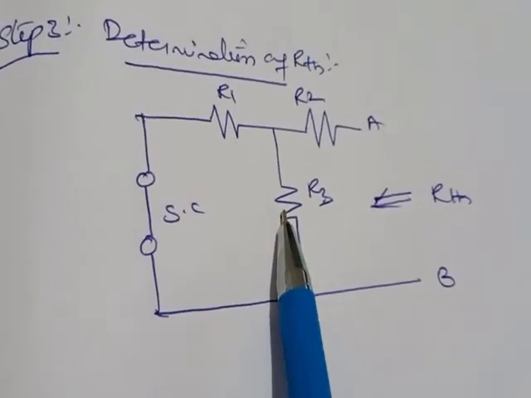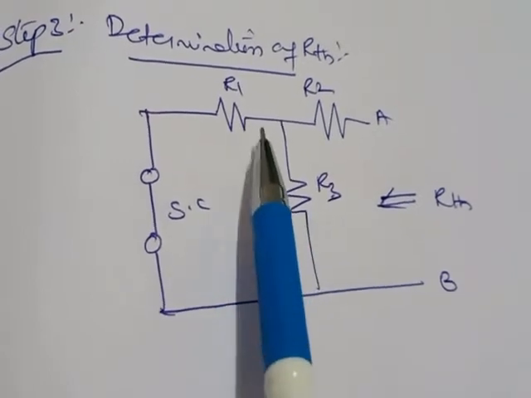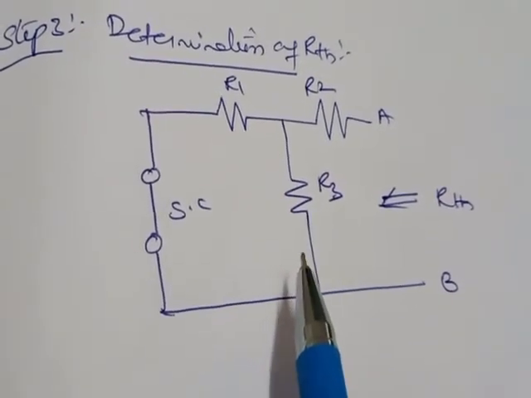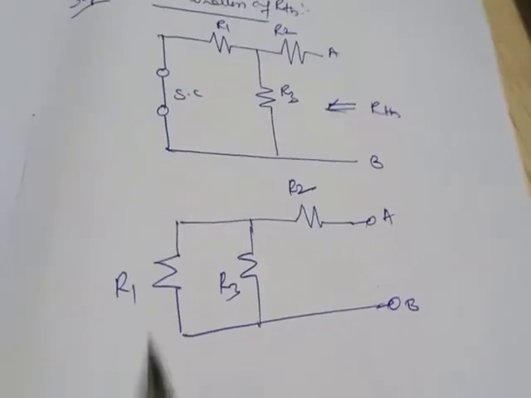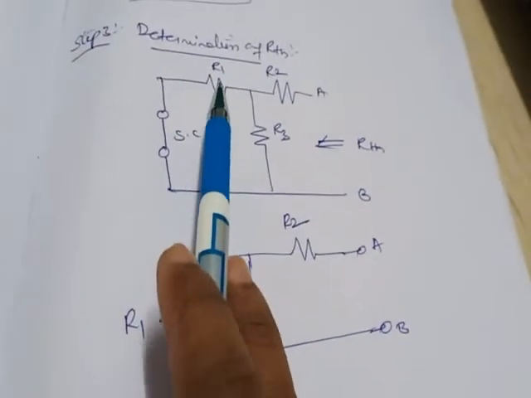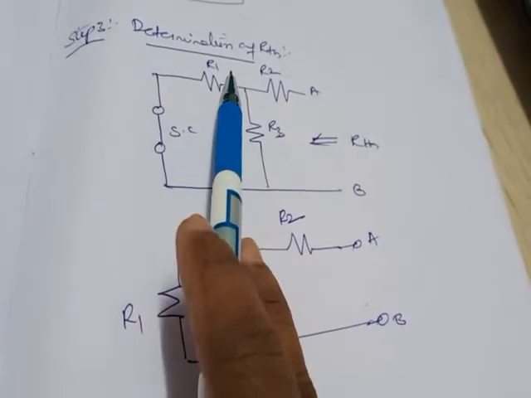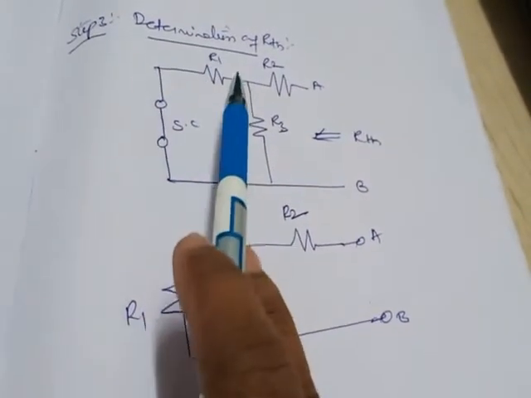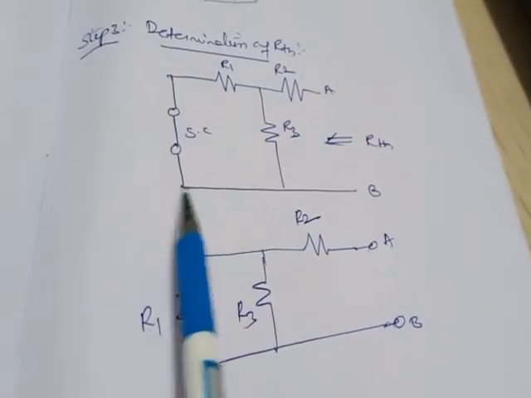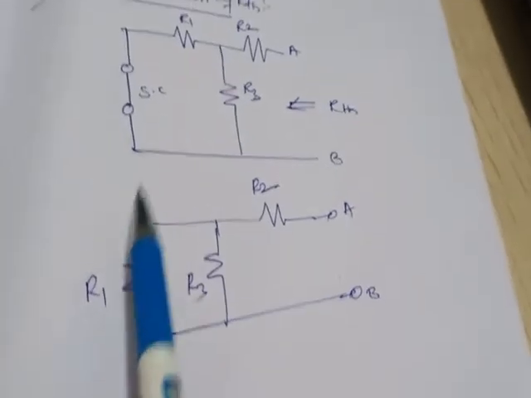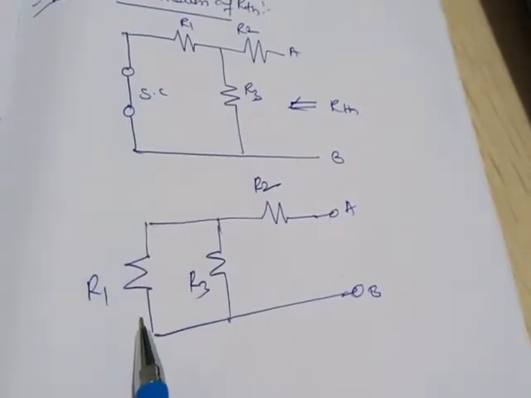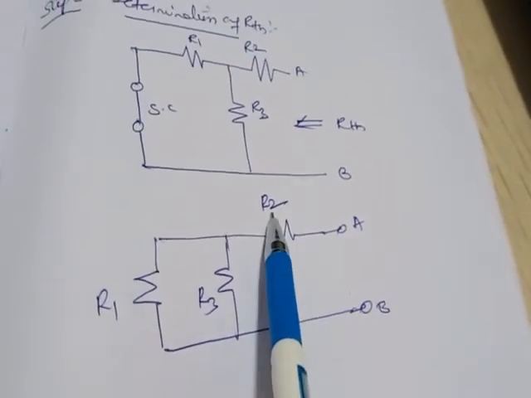For simplicity, I am making the circuit a simpler arrangement so that you will better understand how to find RTH. I have redrawn this figure like this. The same resistances are connected between this end and this end. This end is connected over here, so this end is automatically connected over here. I have represented R1 like this, R3 like this, R2 like this.